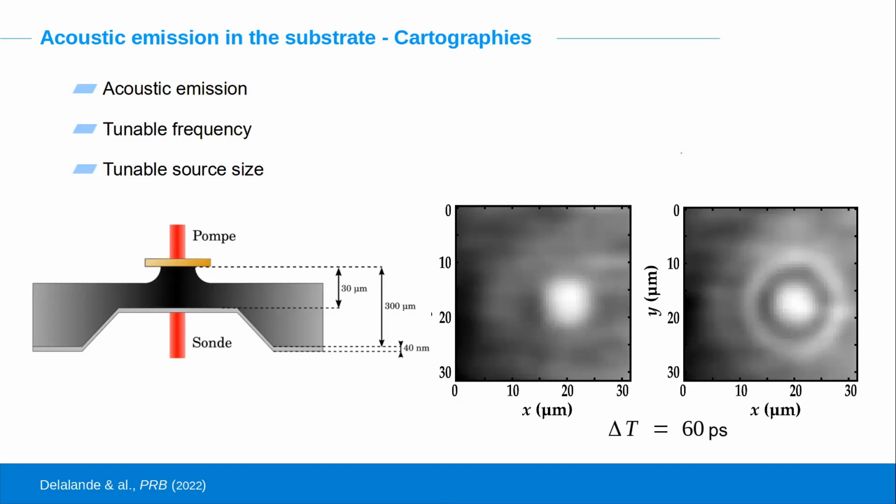And so we have a tunable nano-source. And because the size of the source will be the size of contact between the gold disk and the silicon substrate, we can also have very small source size, below the characteristic size of laser spots. And so we can have micrometric or nanometric size.